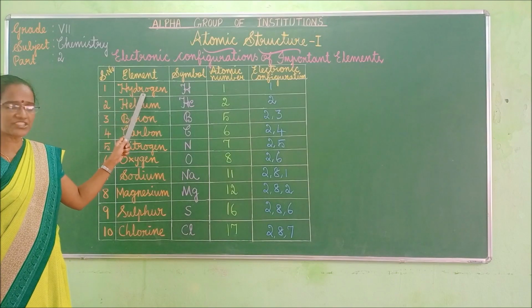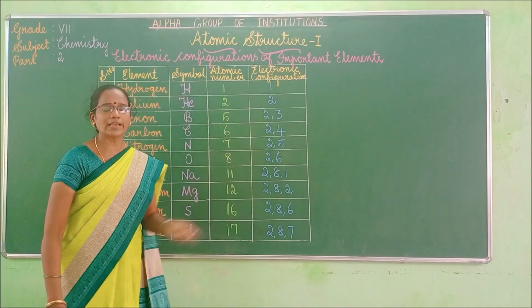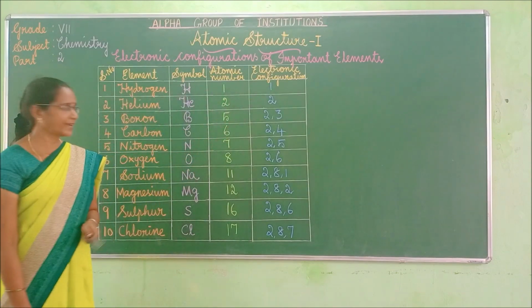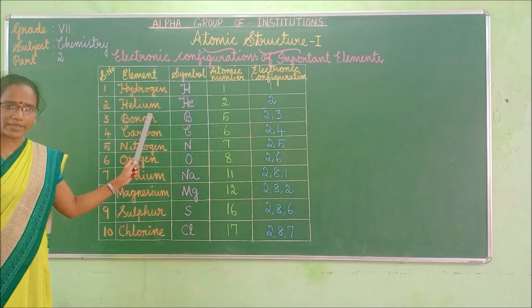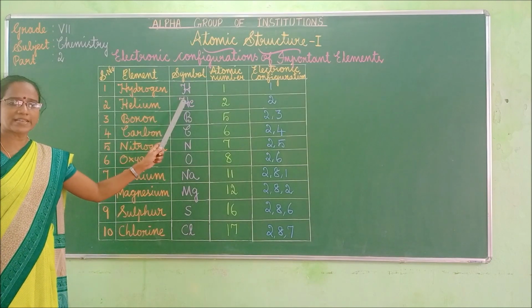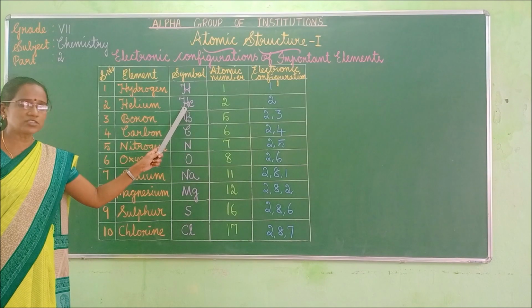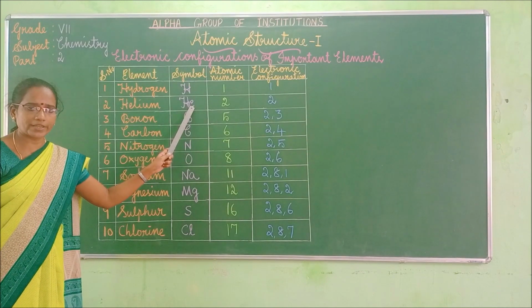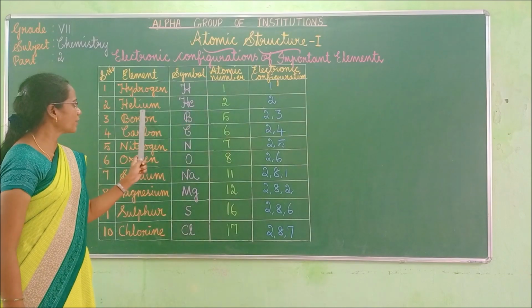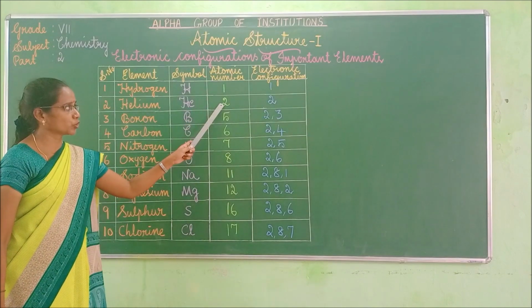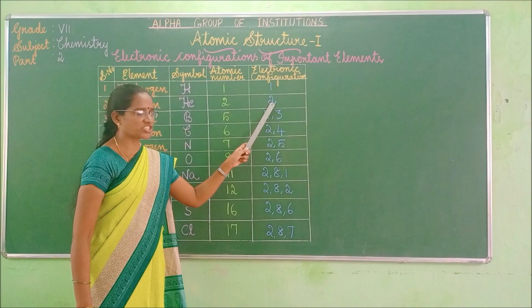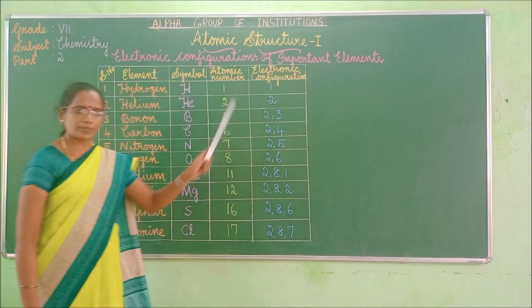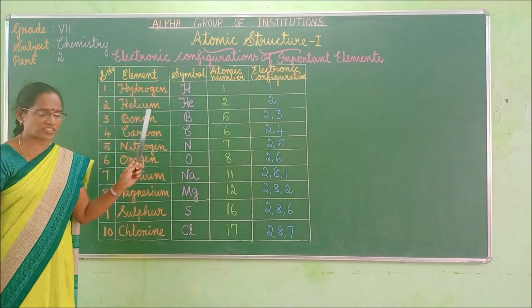So in hydrogen, only 1 electron is present. Second one, helium. Its symbol is He. The first letter should be in uppercase and the second letter in lowercase. The atomic number of helium is 2, and the electronic configuration is 2. 2 electrons are present in a helium atom.